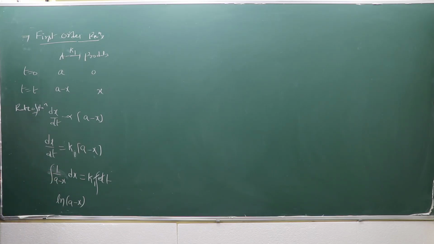The integration of 1 by x into dx is log x. So by using this mathematical principle, with a minus x here, we take d by dx of a minus x: d by dx of a is 0, and dx by dx gives a minus value.